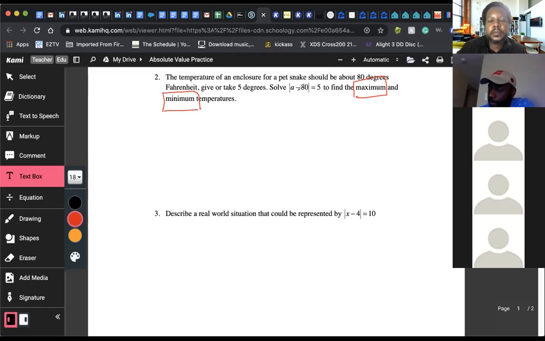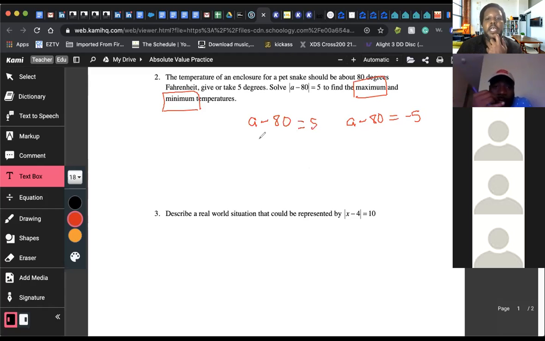Okay, for number 2, the absolute value of A minus 80 = 5. Okay, the first thing to do, I know that I will have 2 solutions. Right, you have 2 solutions. Very good. A minus 80 = 5, and A minus 80 = -5.